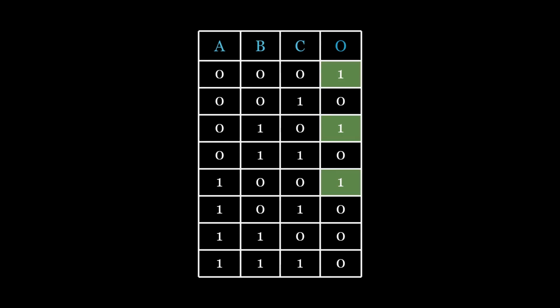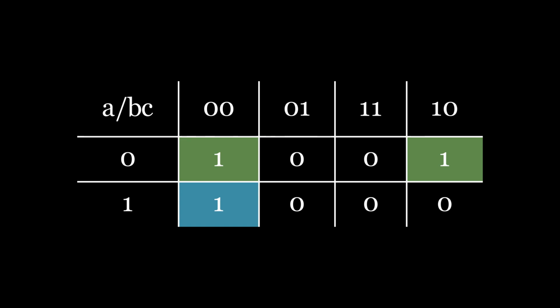For example, if we have something more complicated like this, 001, 010, 100, and all others are 0. Now, if we try to draw it on the Karnaugh map, we might experience a bit of trouble, because there are actually two or more groups colliding together on the Karnaugh map.